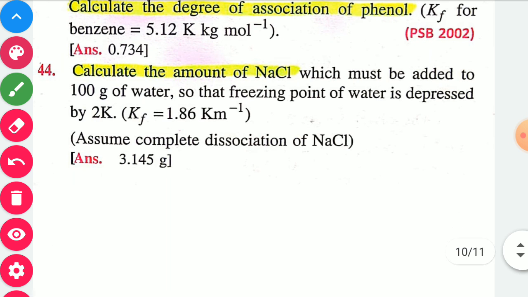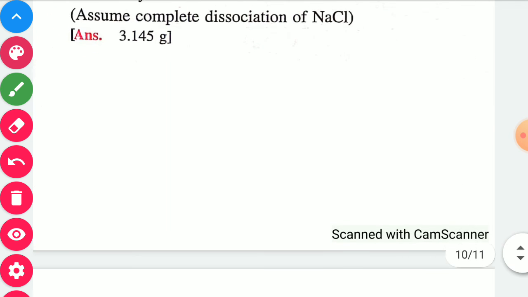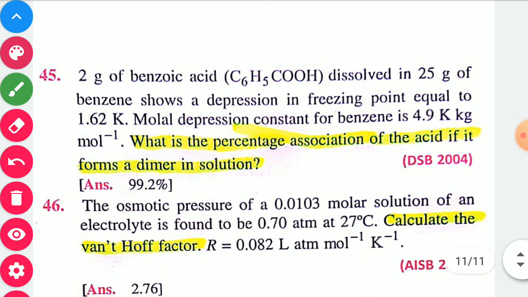Next question: calculate the amount of sodium chloride which must be added to 100 gram of water so that the freezing point of water is depressed by 2 Kelvin. Kf value is given, 1.86 Kelvin per mole. Assume complete dissociation of sodium chloride takes place. Next question: 2 gram of benzoic acid dissolved in 25 gram of benzene shows a depression in freezing point equal to 1.62 Kelvin.